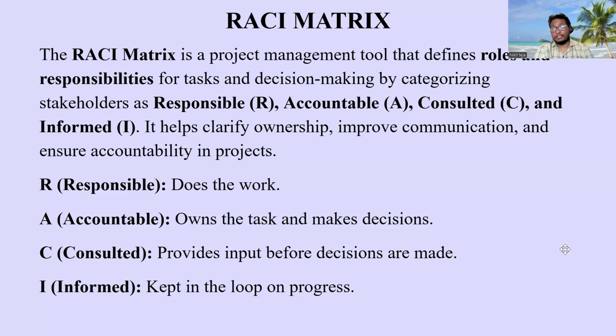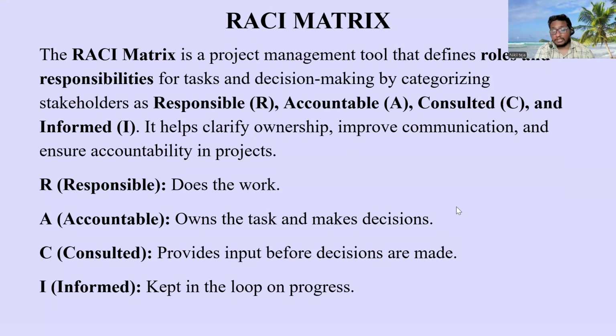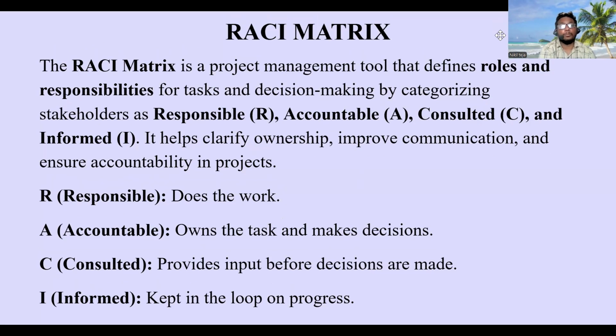RACI chart is a project management tool which is also used for business analysis for identifying the stakeholders. It defines roles and responsibilities for tasks and decision making by stakeholders as responsible, accountable, consulted, and informed. It helps clarify ownership, improve communication, and ensure accountability in projects. Forget this theory, guys.